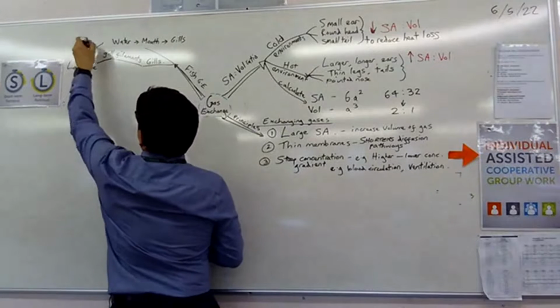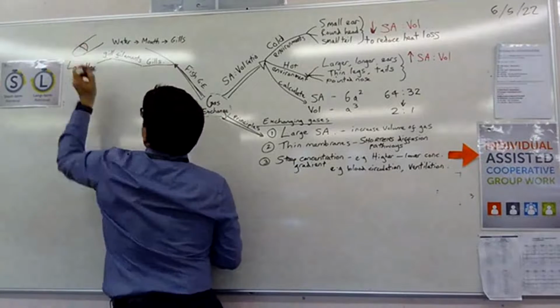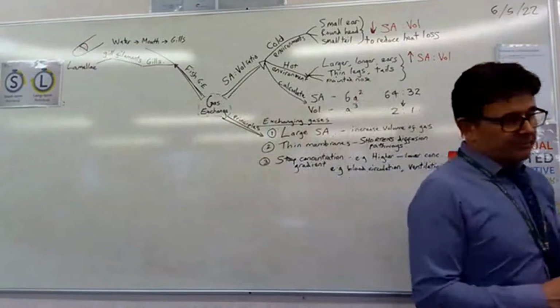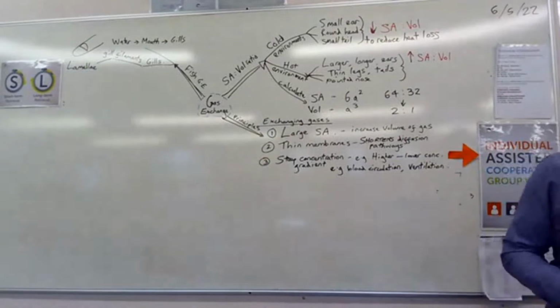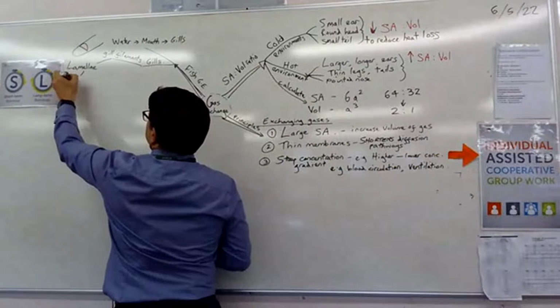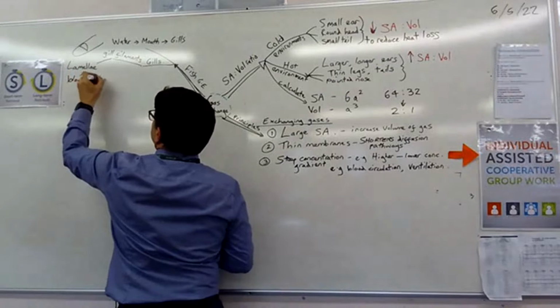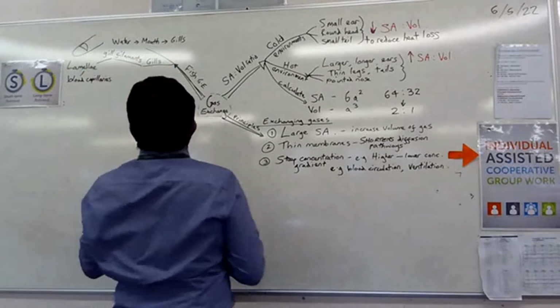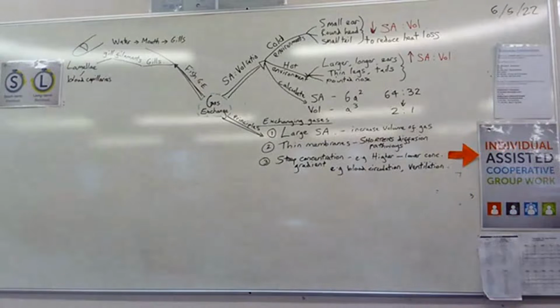Okay, so you remember the gill filament, and then you've got the lamellae on it. Those have blood capillaries in them. They're very thin, which speeds up diffusion.